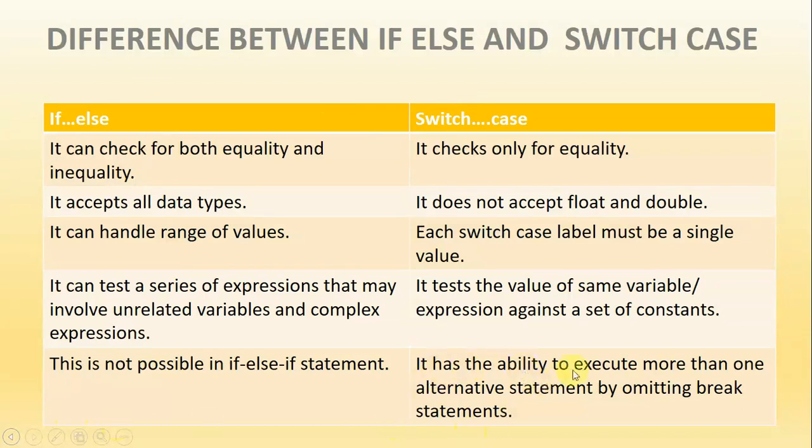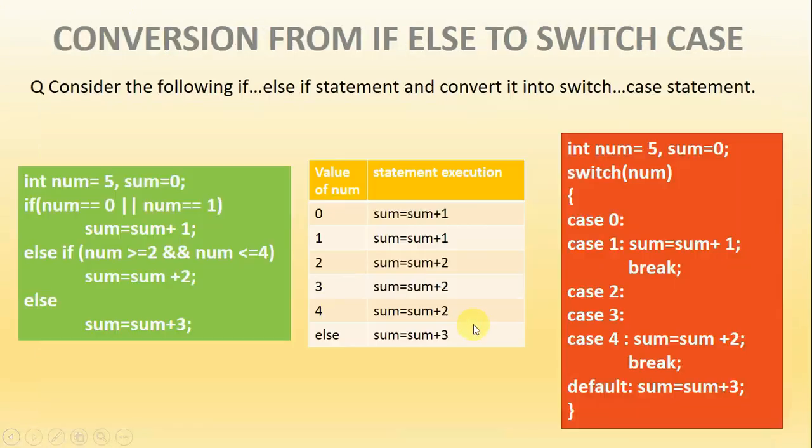Then switch case has the ability to execute more than one alternative statement by omitting the break statement. So if we omit the break statement after a case statement, it will execute the next case also. However, this is not possible in an if-else statement. So these are the differences which you must know.